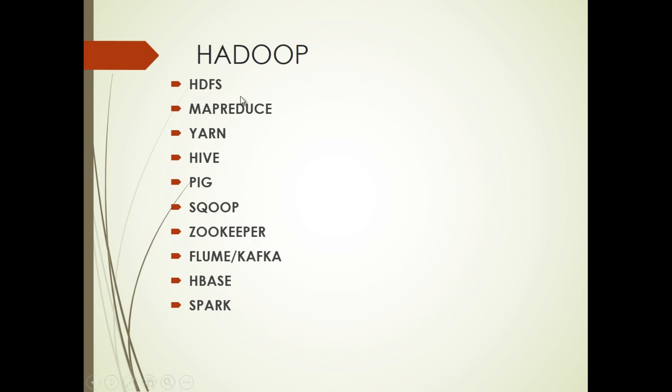If you see MapReduce and Yarn, their performance depends on the hard disk. The MapReduce and Yarn process is done on hard disk as a backend internally, whereas Spark works in memory. That means when we work with Spark it goes directly with RAM, and the performance is very, very high.